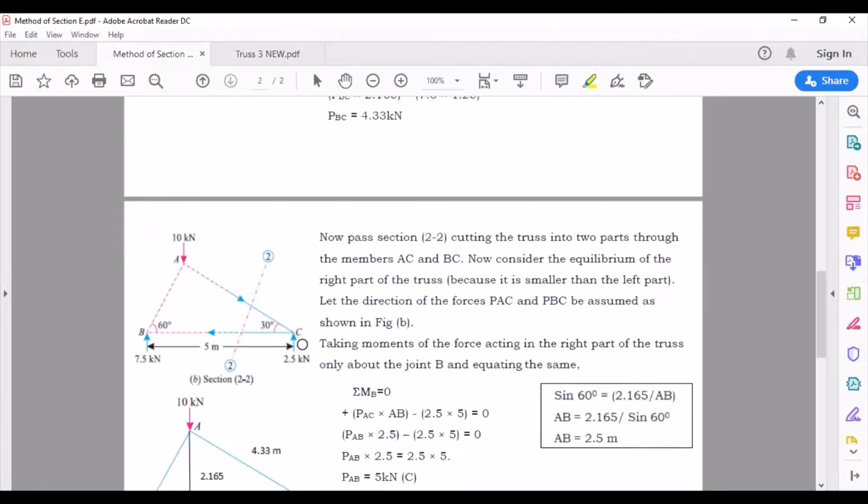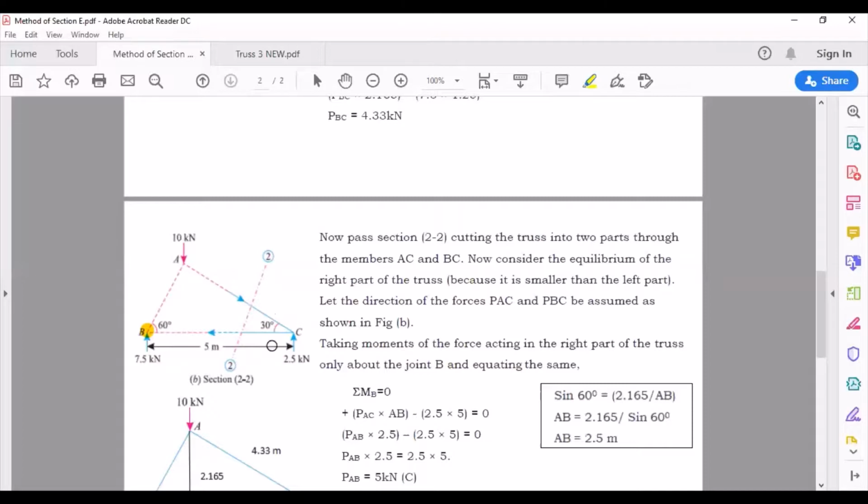So I'll take moment at point B. Since I'm considering only the right of the section, I have only three forces which are accountable: two member forces, that is AC and BC, and one reaction, that is 2.5.